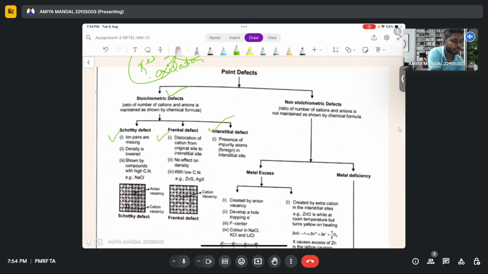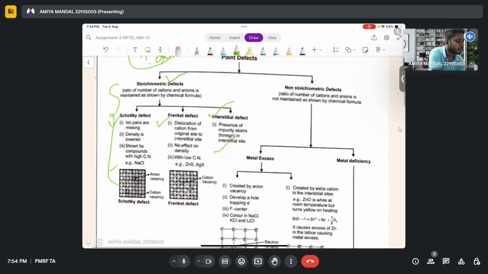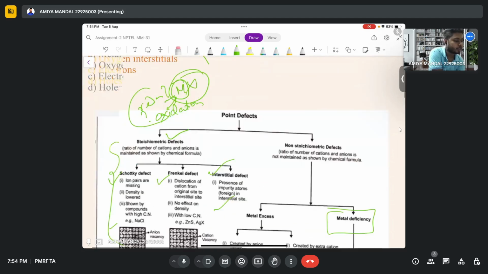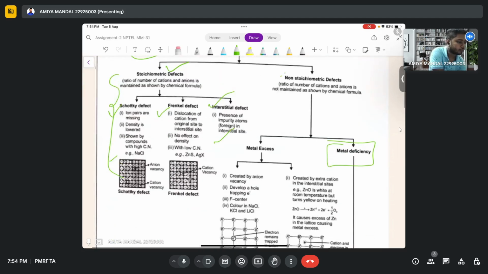Frenkel defect, interstitial defect. You all know about that. I have already discussed the questions regarding stoichiometric defects. And this metal deficiency defect is in the non-stoichiometric defect group. So what is a non-stoichiometric defect?